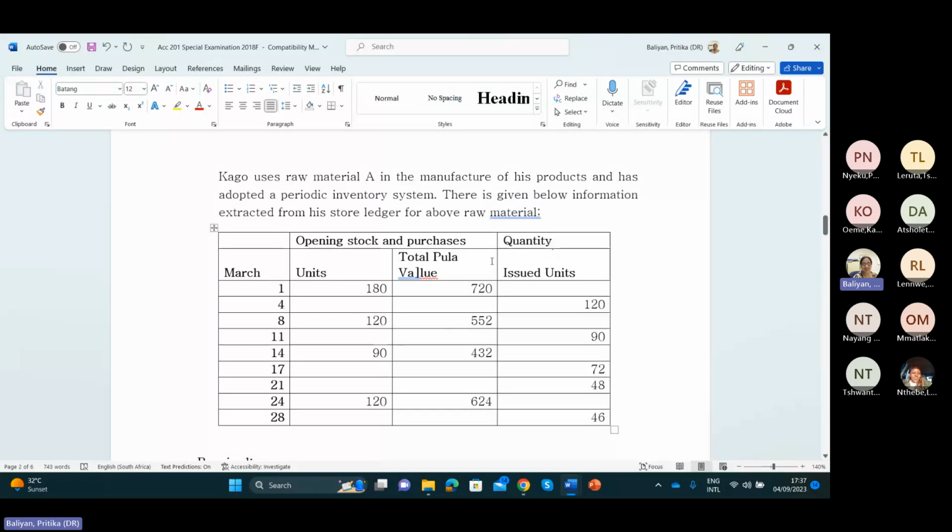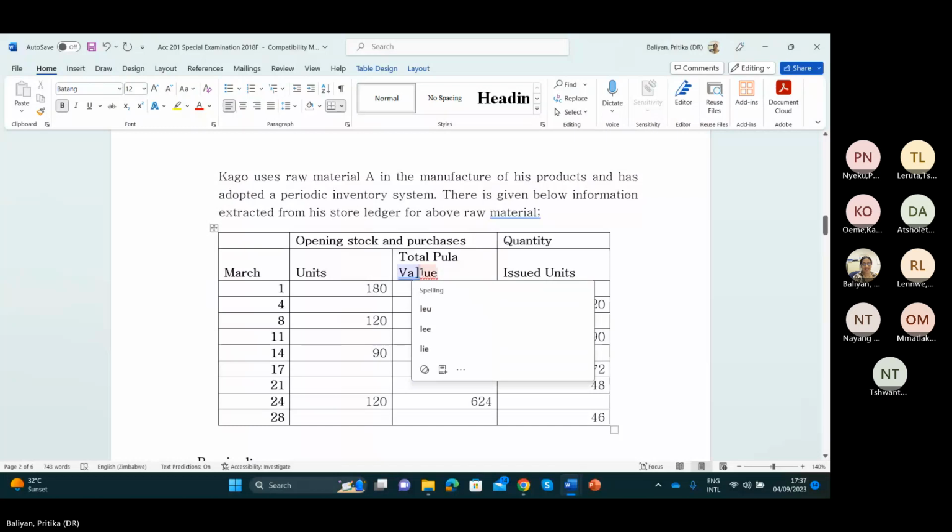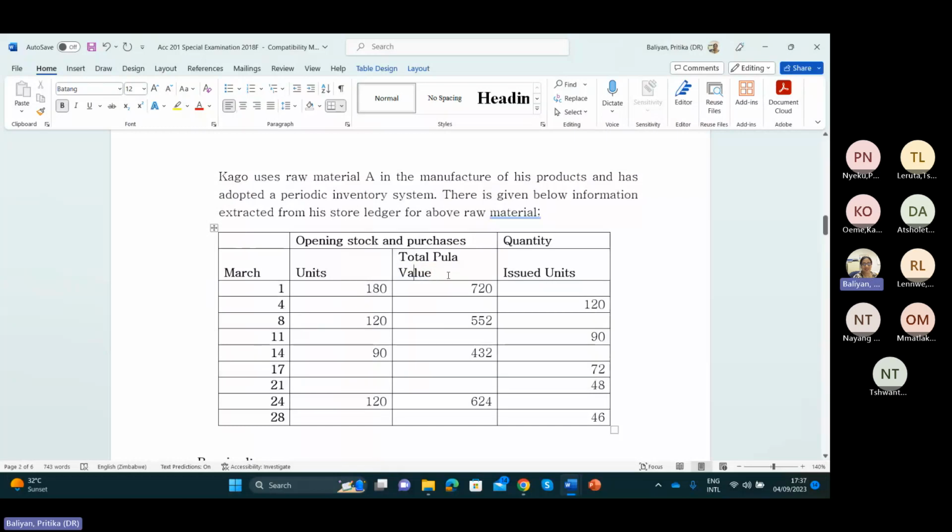He maintained the store ledger account on a monthly basis. So you can see that we have the details for the month of March. The opening stock on 1st March is 180 units, where the value of material is 720.